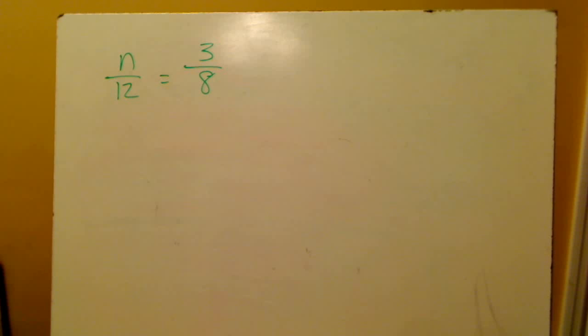I realize you can use guess and check to figure out this answer, but if you didn't want to use guess and check and you wanted to actually solve this algebraically, then we can actually use the cross products just like we did to find out what the missing term is. It does say that they are proportions, they are equal. They already gave us that information. So now we're just going to use the cross products.